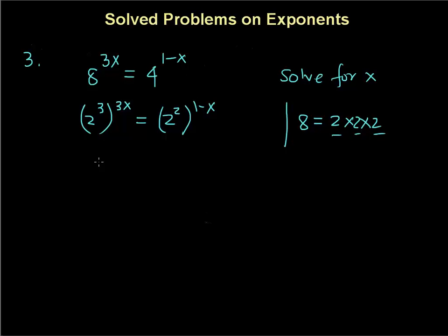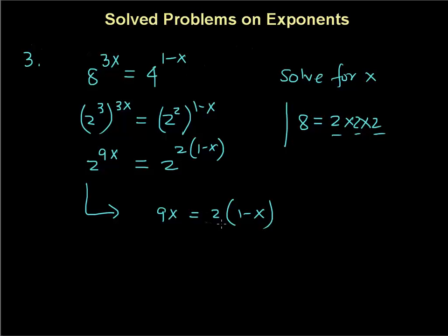Now power to the powers are multiplied, so in this case the left hand side will become 2 to the power 9x, and the right hand side will become 2 to the power 2 into 1 minus x. Now the bases are the same, so we can compare powers. So when comparing powers, we can rewrite this as 9x equal to 2 into 1 minus x, right?